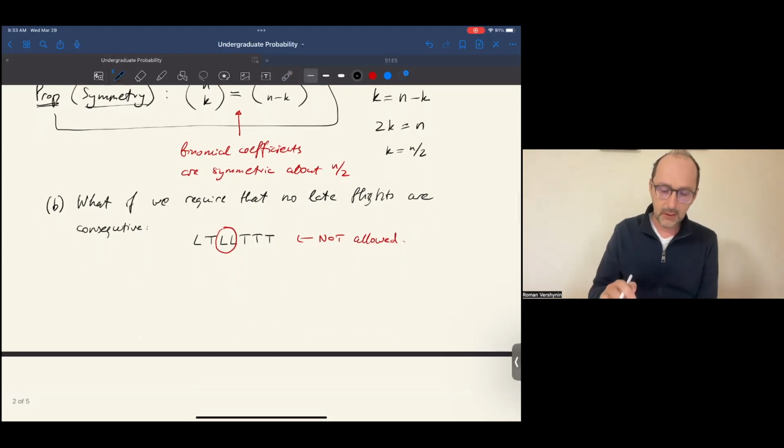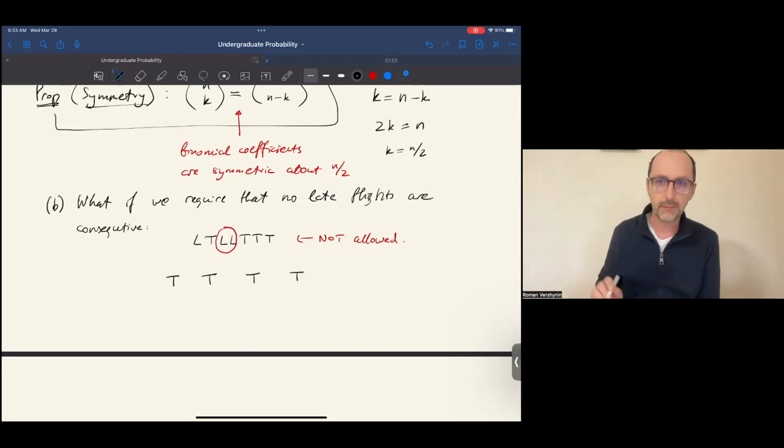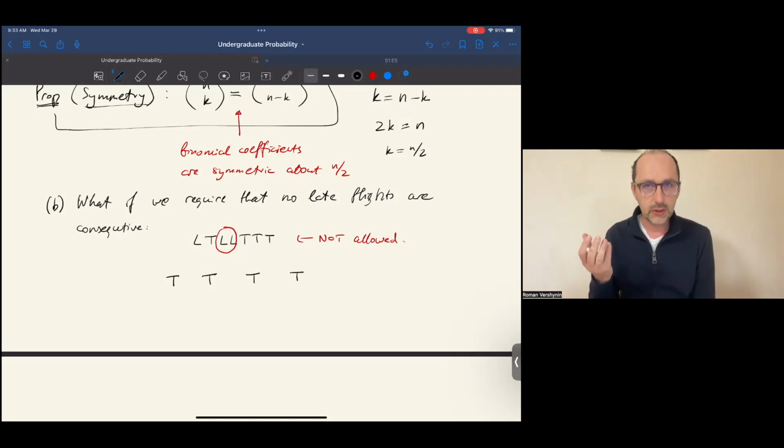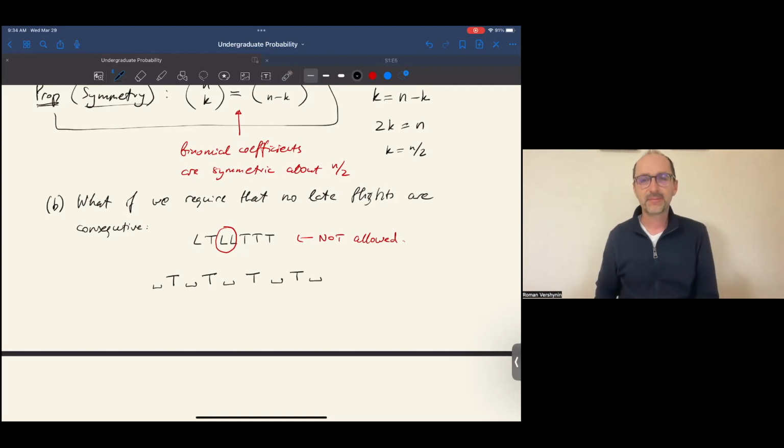First of all, let's line up the on-time flights, the 4 on-time flights. 1, 2, 3, and 4. We know that there are 4 on-time flights here. Now let's try to see where the late flights can be. Can be here, can be here, here, here, or here.